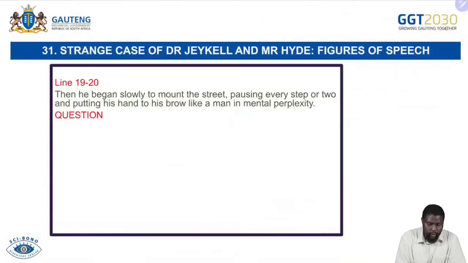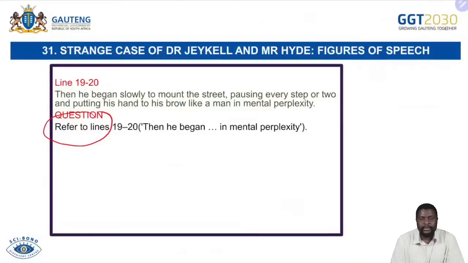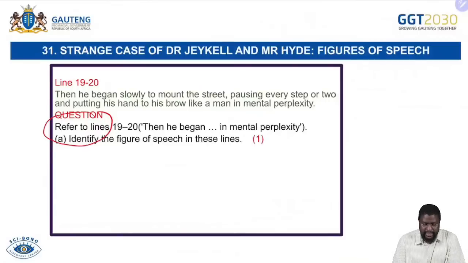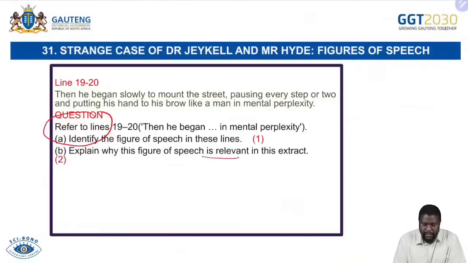Refer to lines 9 to 20. Remember, very important, always go back to the line. Identify the figure of speech in lines 9 to 20. Explain why this figure of speech is relevant. Why is it suitable? Why is it appropriate for the two things that are being compared?